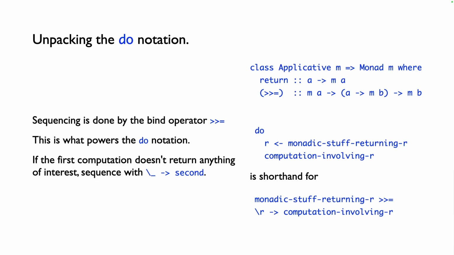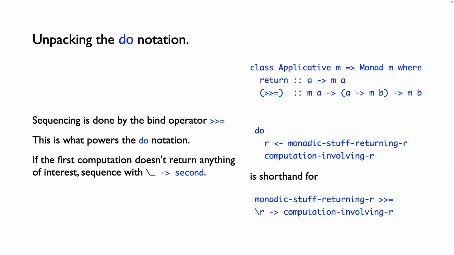Well, it's shorthand for the monadic stuff returning R, bind, and then the function taking R into that computation involving R. So the do notation is another way of writing the binding of R to the result of the first part of the computation. In the unsugared notation where we don't have do, we have an expression returning R, and we bind that to a function, lambda R, which then does the computation that involves R.